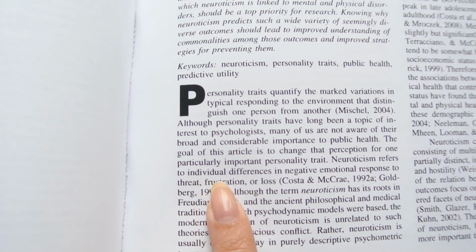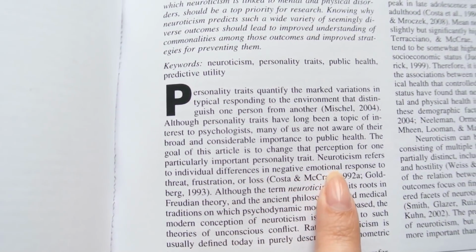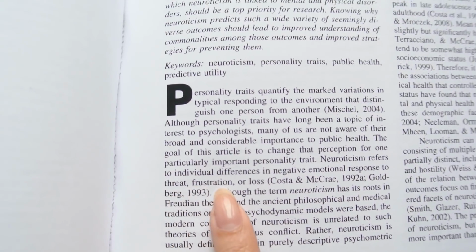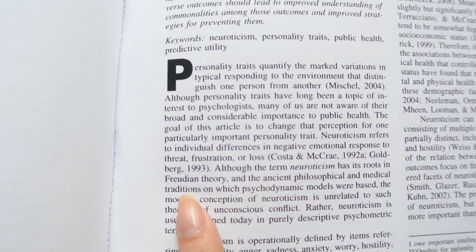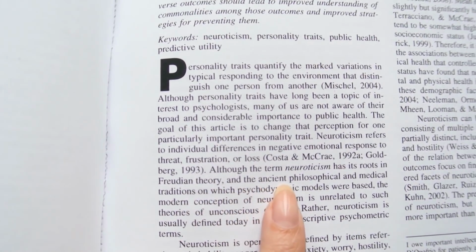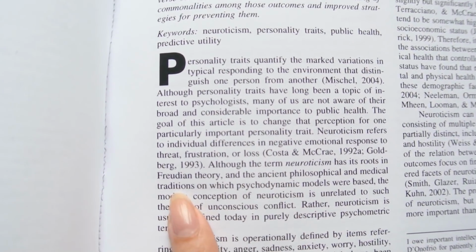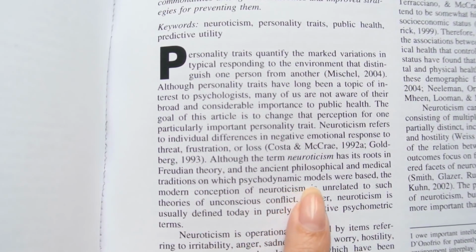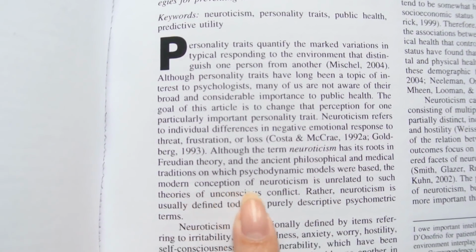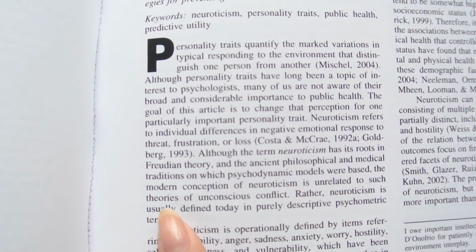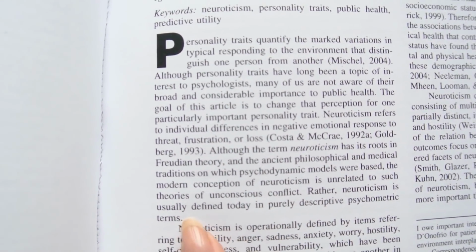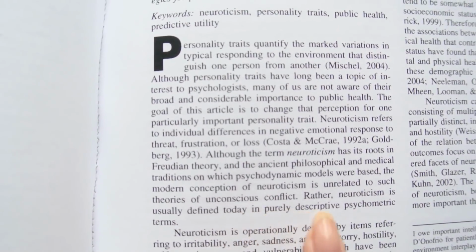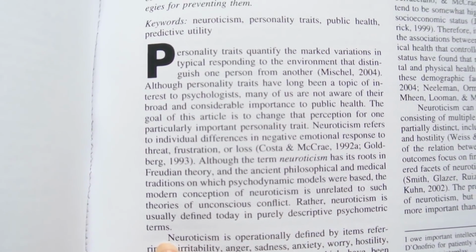Neuroticism refers to the individual differences in negative emotional response to threat, frustration, or loss. Although the term neuroticism has its roots in Freudian theory and the Asian philosophical and medical traditions on which psychodynamic models were based, the modern conception of neuroticism is unrelated to such theories of unconscious conflict. Rather, neuroticism is usually defined today in purely descriptive psychometric terms.